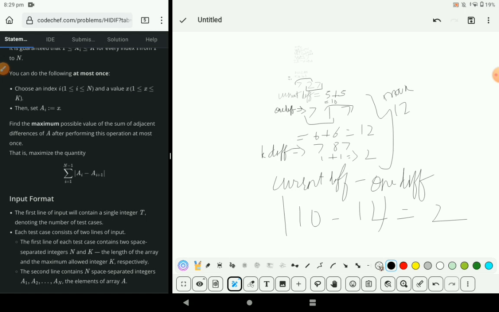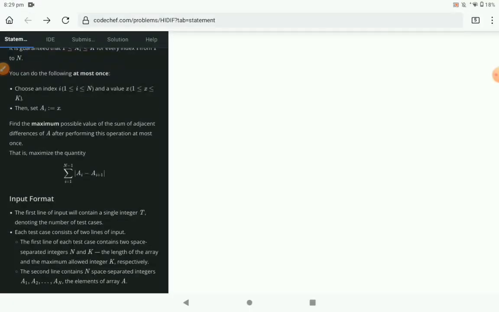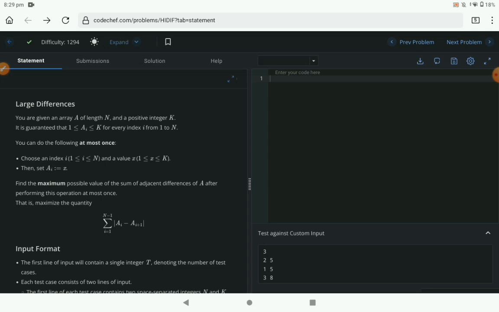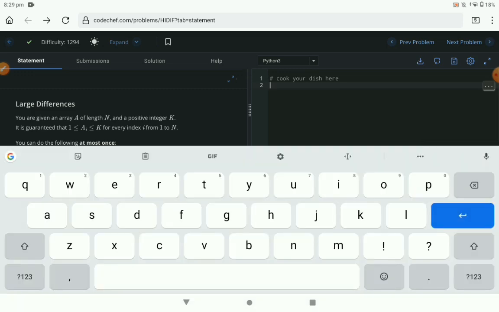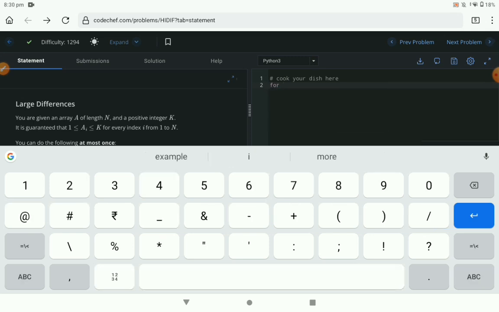So now this code will run consecutively. Now let's try to understand this problem statement with the help of code. First of all, we will take input.